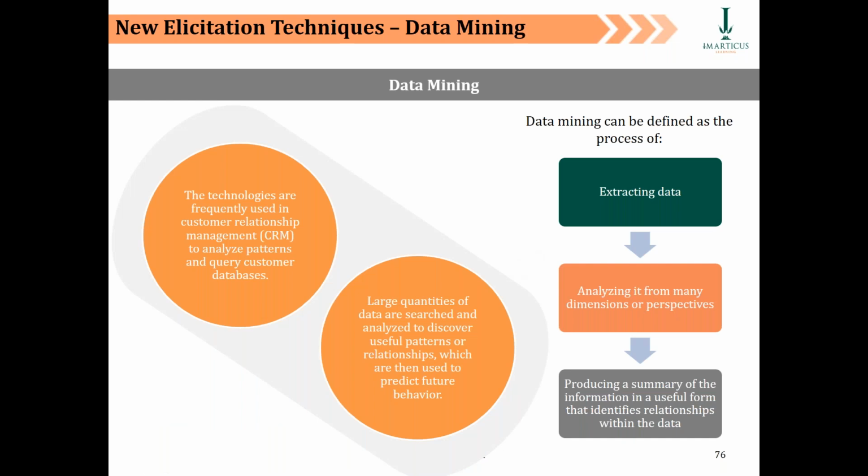Okay, let's get to know a little bit more about it. Data mining, 3 steps. Number 1, extract data. Number 2, analyze it from multiple dimensions or multiple perspectives. Number 3, produce a summary of information in a useful, nice way which identifies relationships within the data.